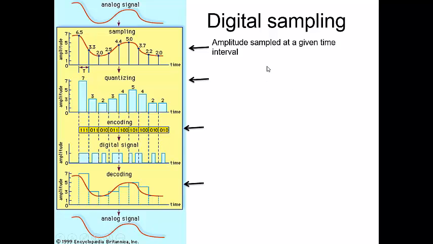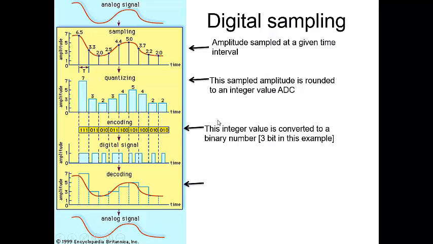Now, this amplitude is then going to be rounded to an integer, so that's known as quantizing, and this is then changed from an analog to digital conversion. So now I've got all these values as integers, and as integers I can then change them into a digital signal. This is encoding.